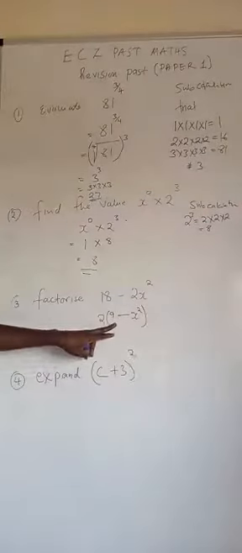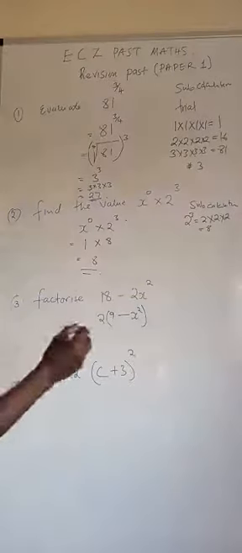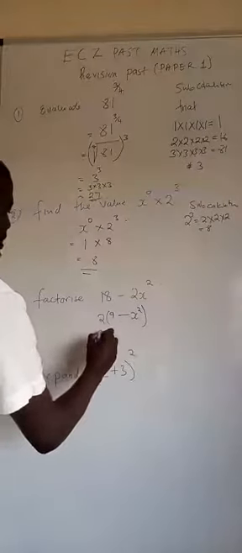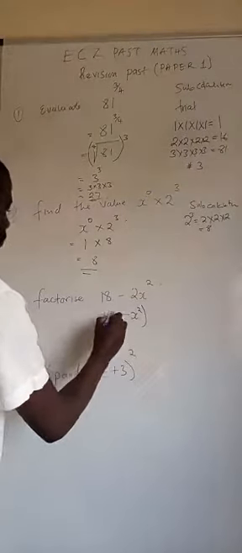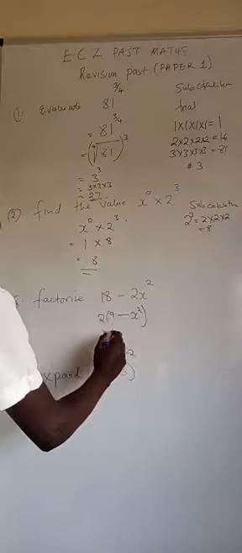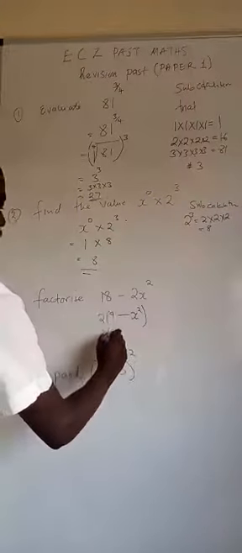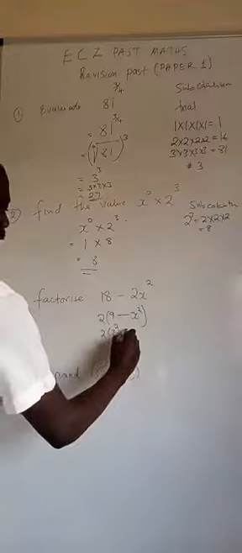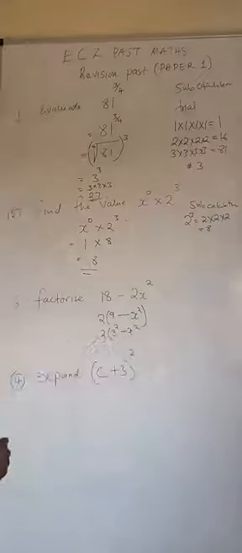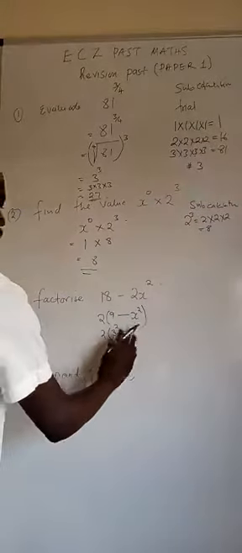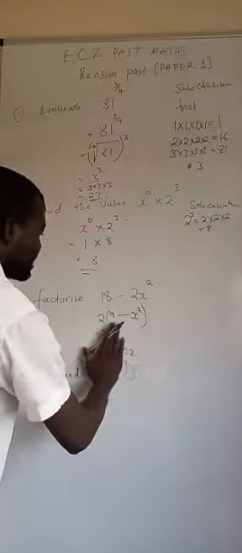Have you seen this? What do you do with such a question? You're supposed to express this as a difference of 2 squares. So this 9 is actually 3 squared minus x squared. Okay? 3 squared minus x squared.